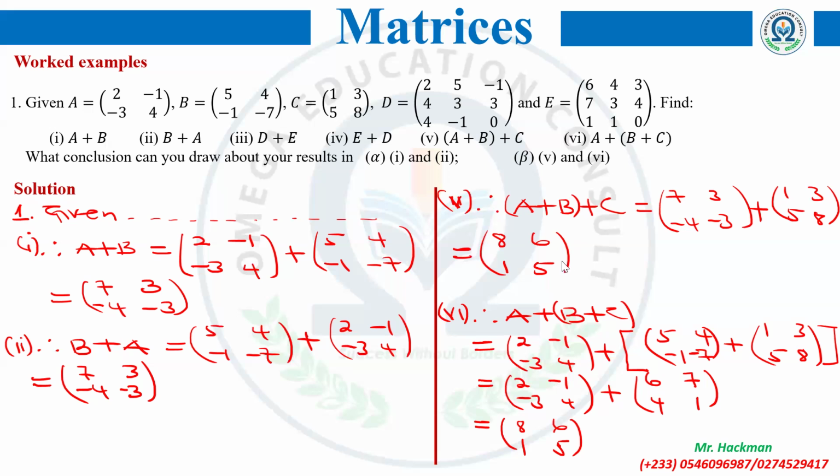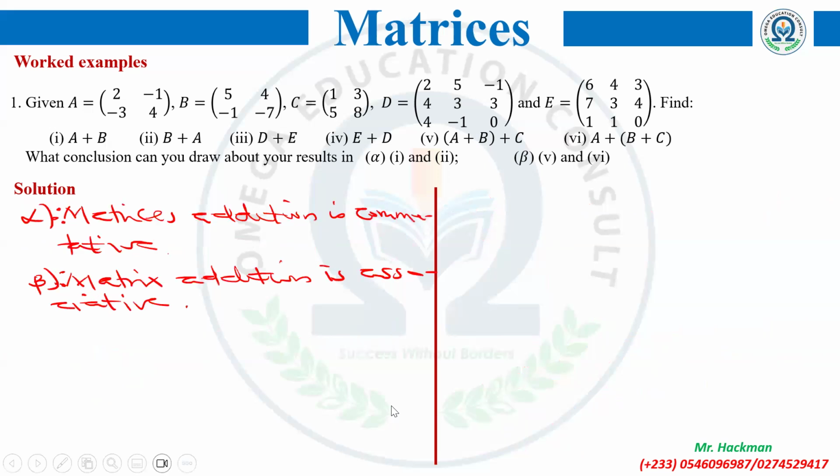The result here is equal to the result here. So you can equally say that matrix addition is associative. Is that clear? Yes, addition of matrices is associative. So this takes us into our next slide, which will answer the conclusion.